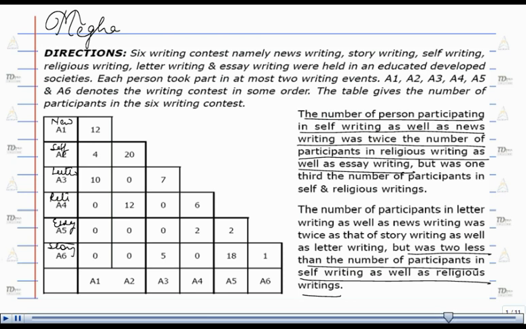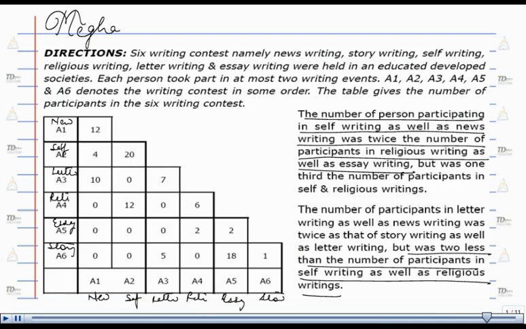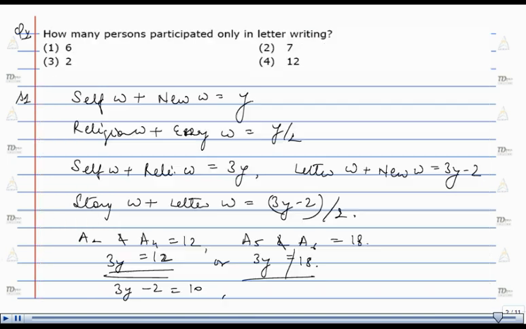Similarly here also: news, self, letter, religious, essay, story. So, the question was, how many persons participated only in letter writing? We get our answer as 7, because these were the only persons who participated in letter writing. So, we get our answer as option number 2, that is 7.